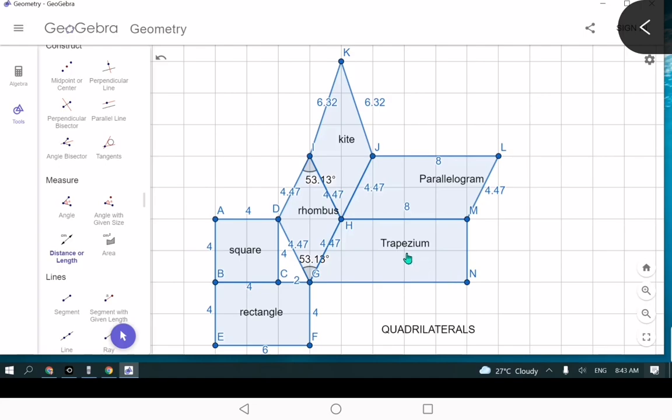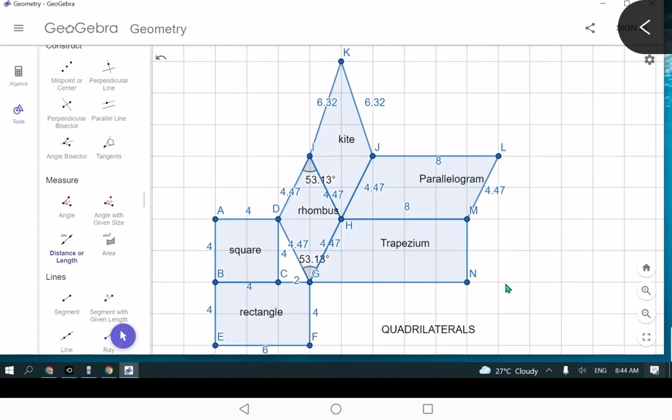For the trapezium, there is only one property you need to understand: it has only one pair of parallel lines. The other pair should not be parallel. Okay, the angles may be different.